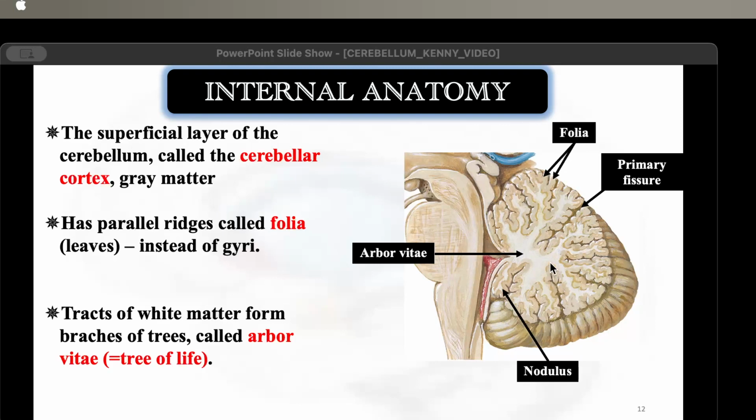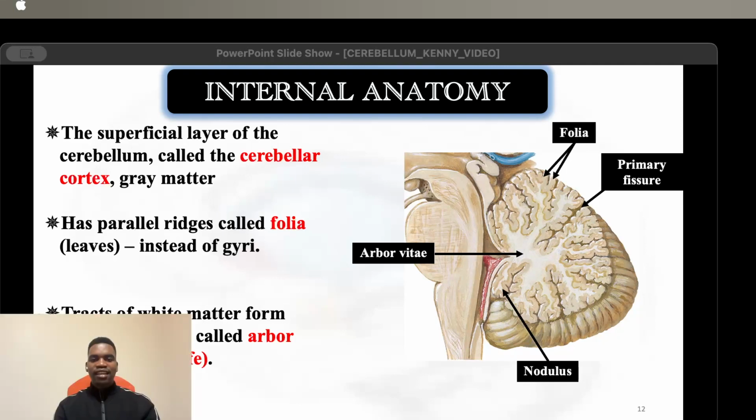Okay, and we see now we have the inner layer of white matter, which organizes itself in a tree pattern, and this tree pattern is known as the arbor vitae. The arbor vitae translates into the tree of life. Arbor means tree, vitae means life.